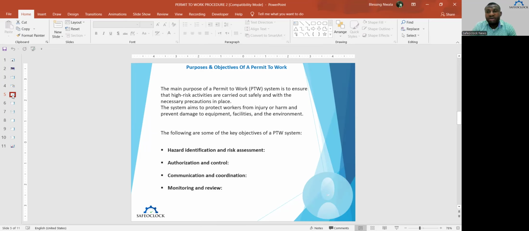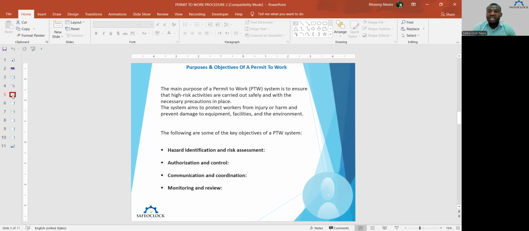So the key objectives of a permit to work are to identify hazards and risk, to give authorization and ensure that there is control in the work activities, and to ensure communication. The permit receiver, the permit issuer, the permit authorization are forms of communication, because before each can be successfully implemented, the people involved must have communicated and related with each other.